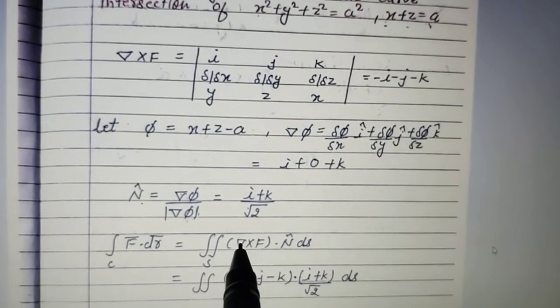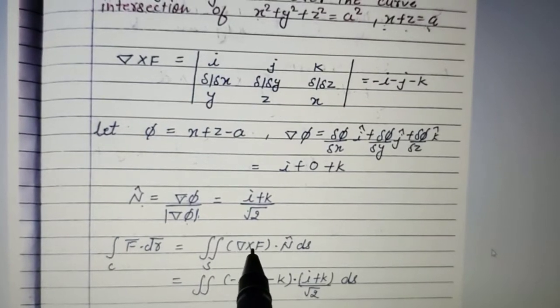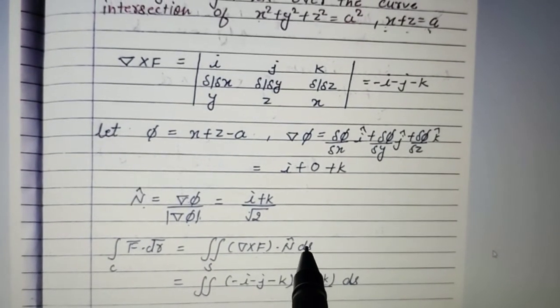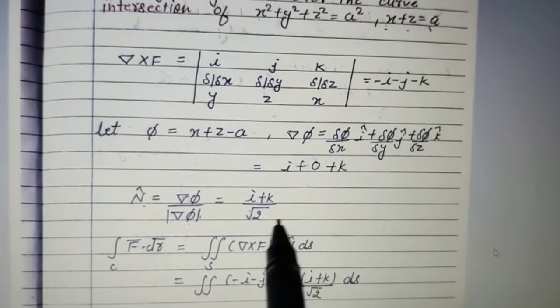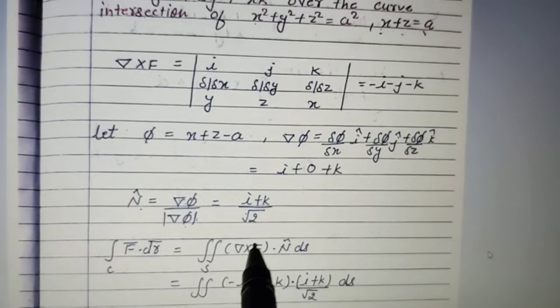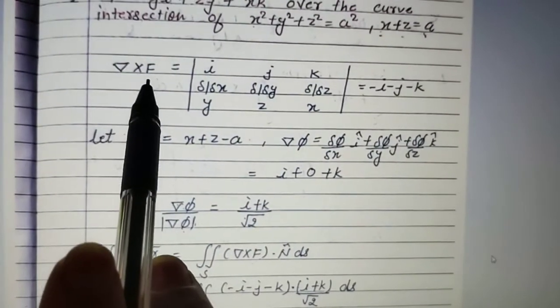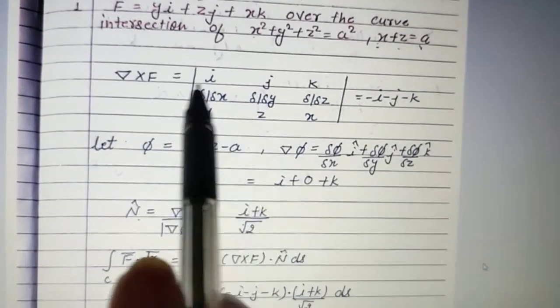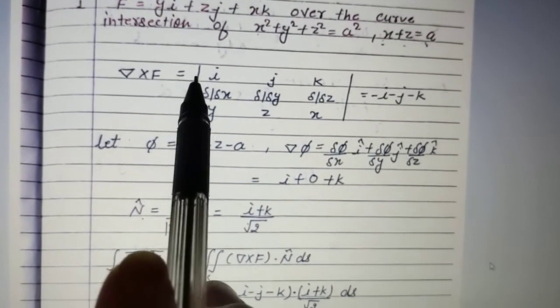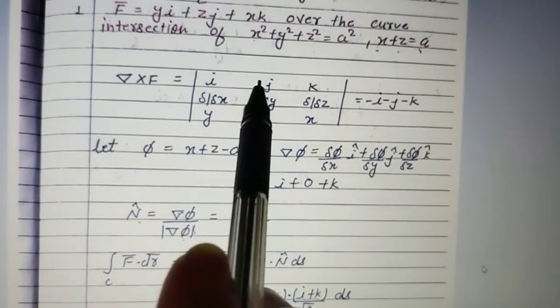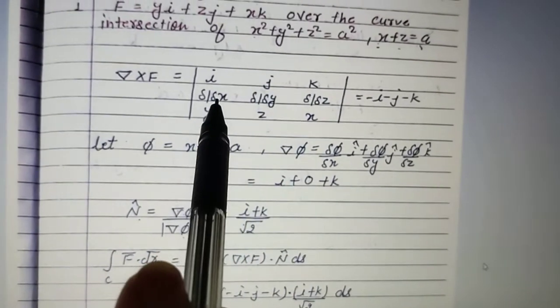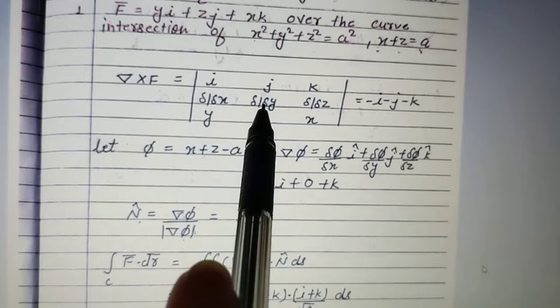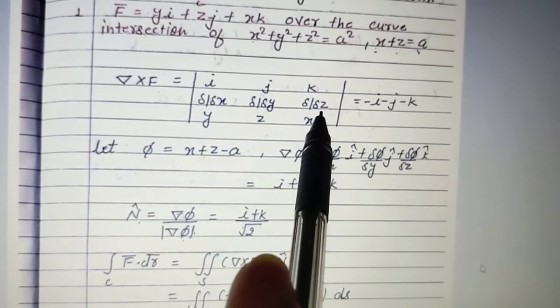See here, we will find the value of del cross f dot n cap ds. So first we found n cap. Now curl of f. Curl of f we will write here in the determinant form, del cross f. In the first row we will write i, j, k. In the second row we will write del by del x, del by del y, del by del z.